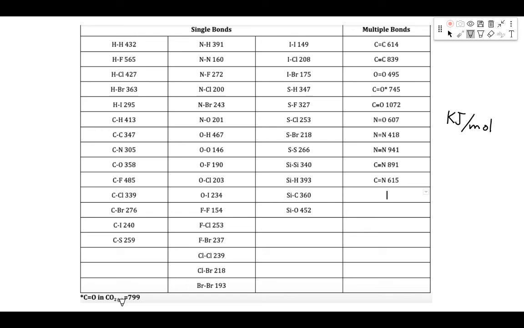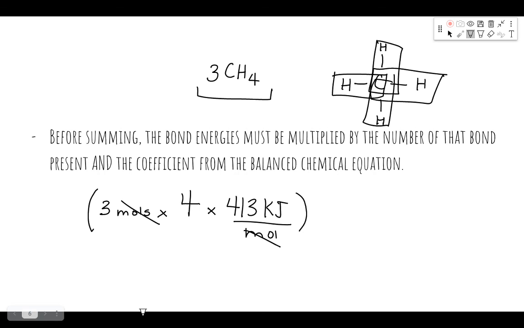So in those scenarios, when you're trying to find the bond energy of the carbon and oxygen double bond, make sure that you're using 799 because we're talking about carbon dioxide, right? In any other situation, a carbon and an oxygen with a double bond in between them would be 745 kilojoules per mole. But in carbon dioxide, it's 799. Just keep that in mind.